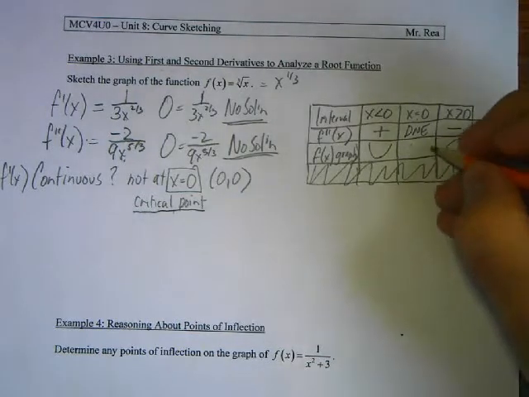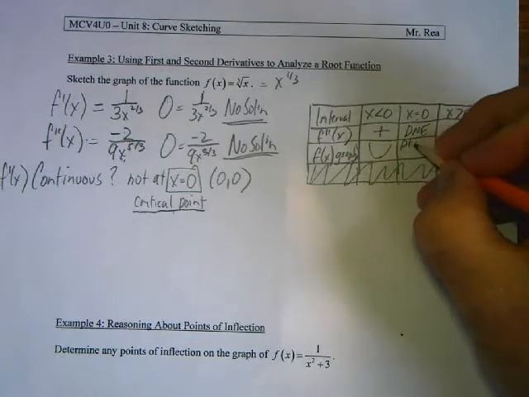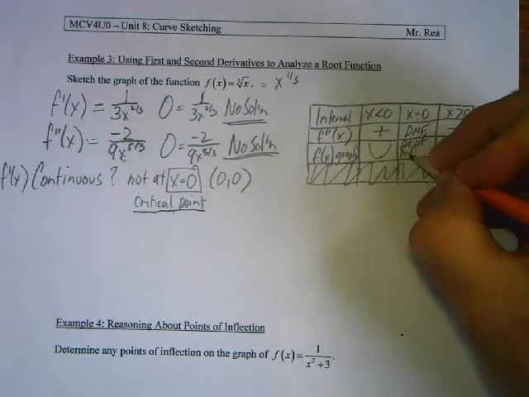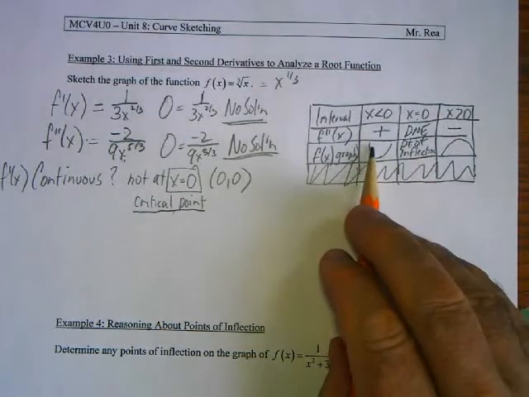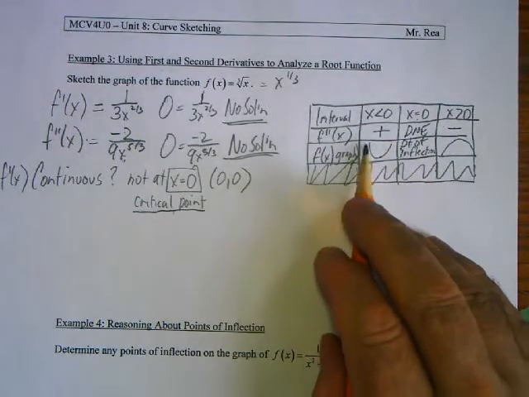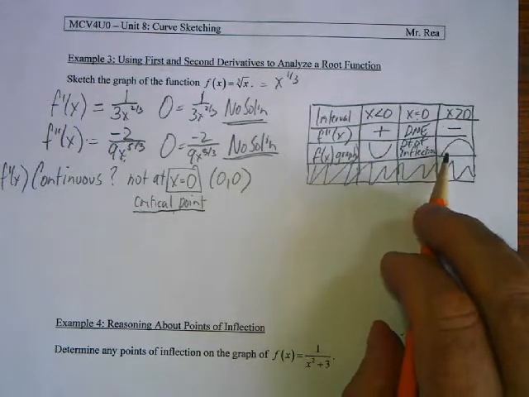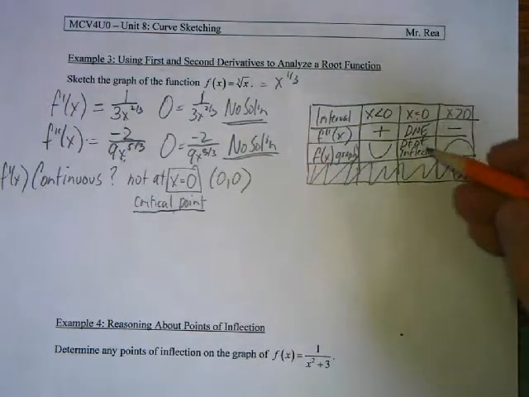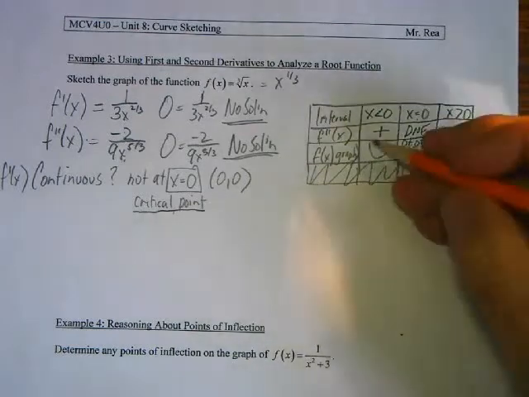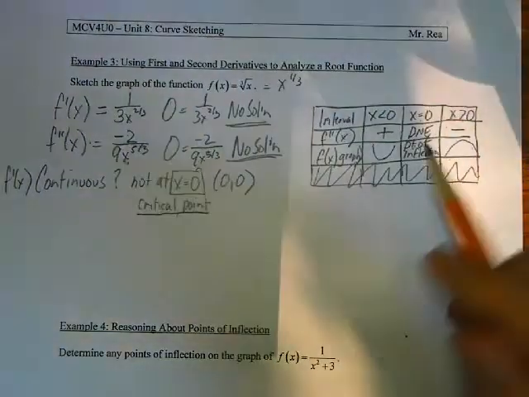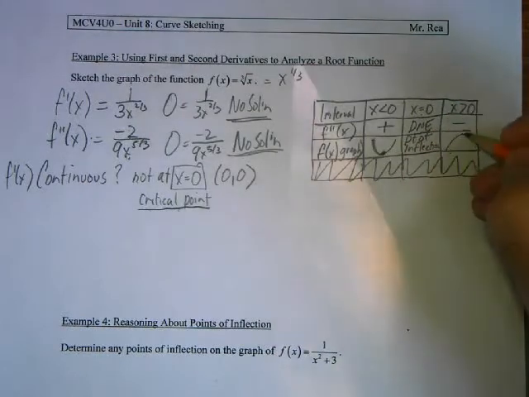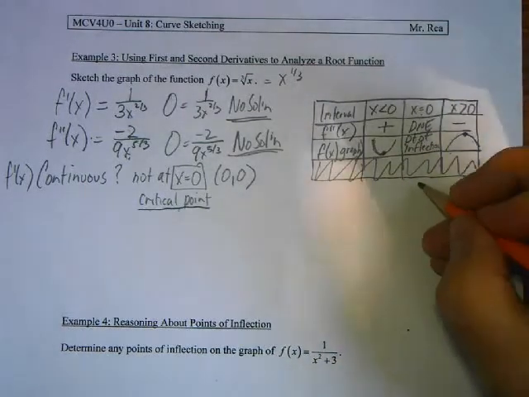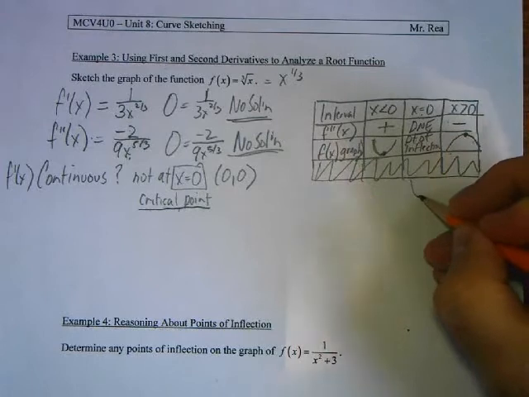So this is actually a point of inflection, because that's the point that breaks the concavity, changing from concave up to concave down. So obviously it's only going to be up to this point here, and this one's only going to start there. So when I actually show the point of inflection, it looks something like this.